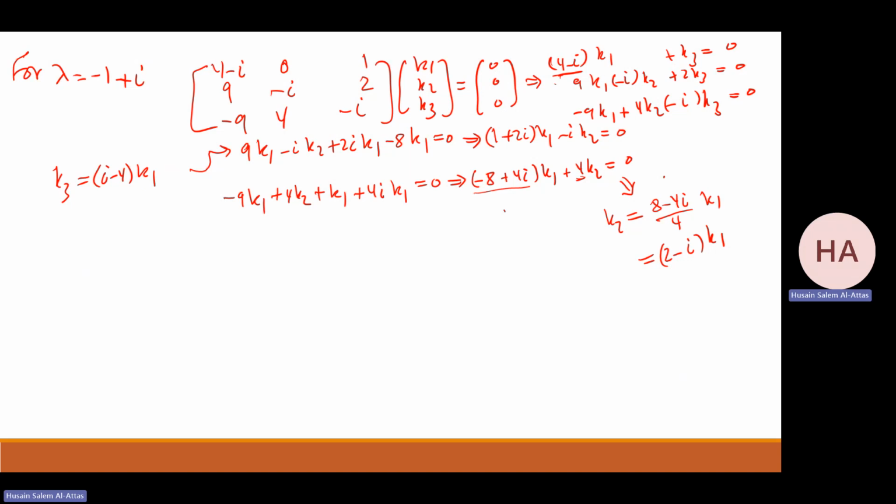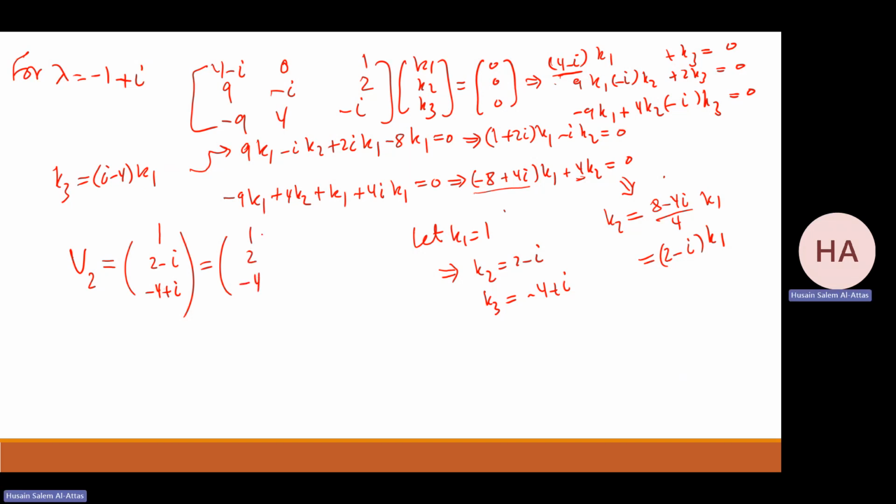So if I let K1 equal 1, I will get K2 equal 2 minus i, and K3 equal minus 4 plus i. So my V2 will be 1, 2 minus i, minus 4 plus i. And that I can split: 1, 2, minus 4 plus i times 0, minus 1, 1.